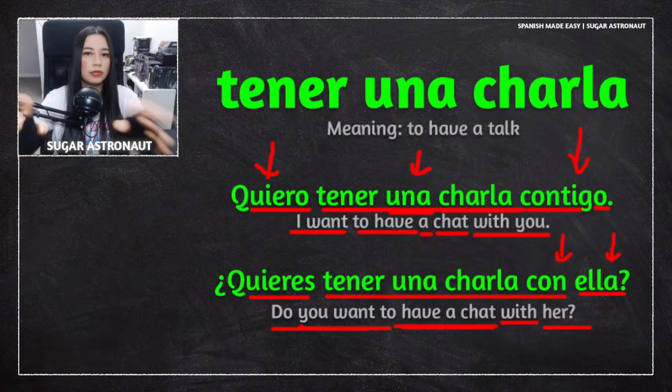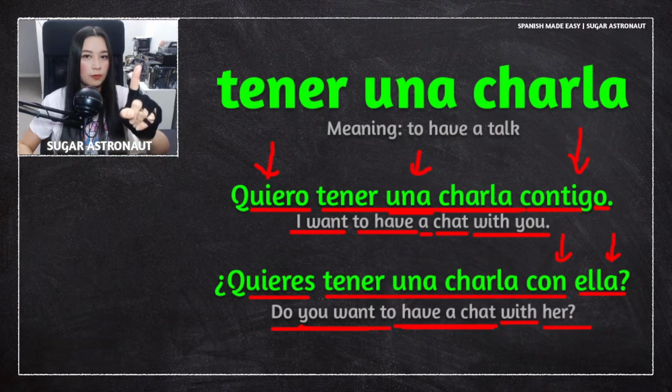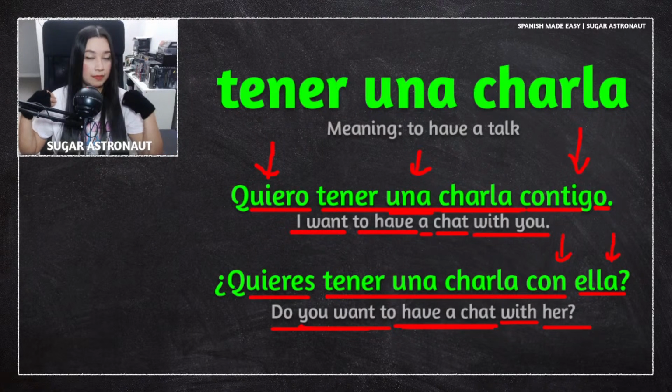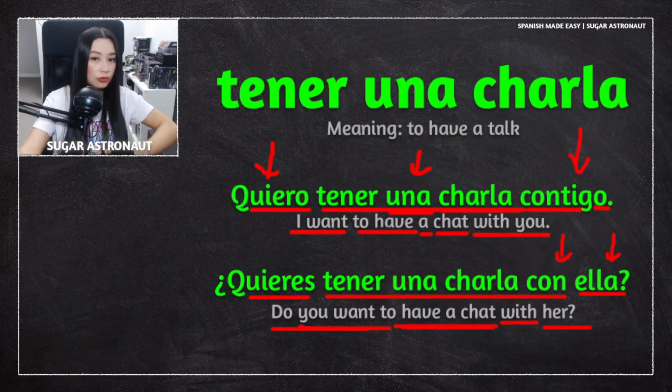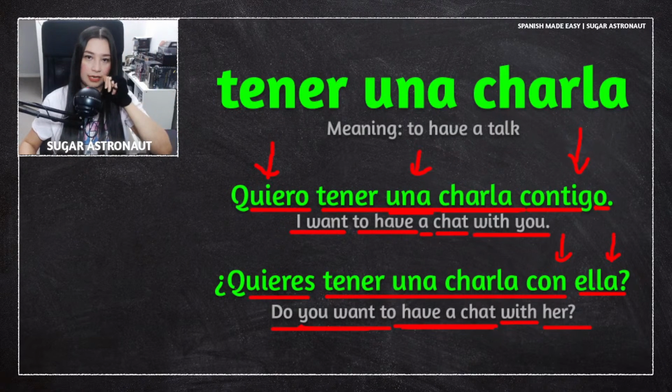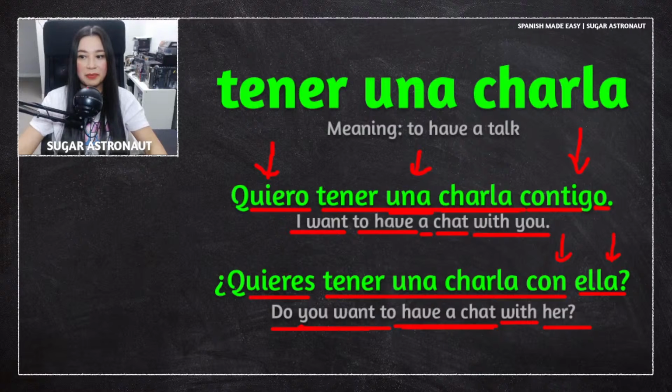So when you say contigo, with you, is one word. When you say conmigo, one word, with me, okay? When you want to say anything else, con él, ella, nosotros, ustedes, two words, okay? Two words. Just remember that. It's something important to remember for sure.